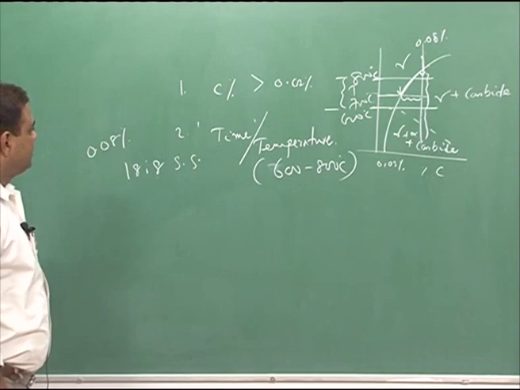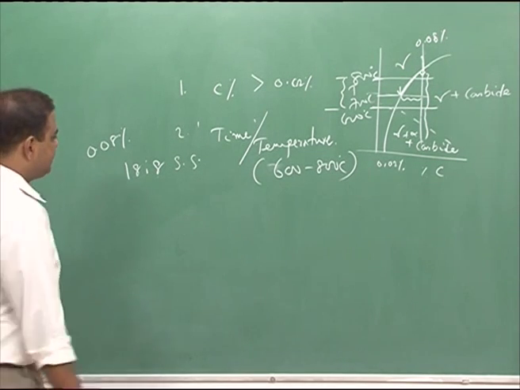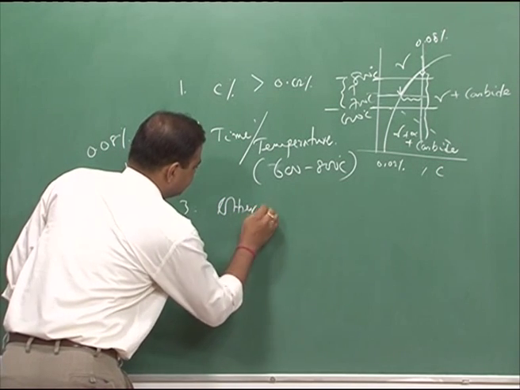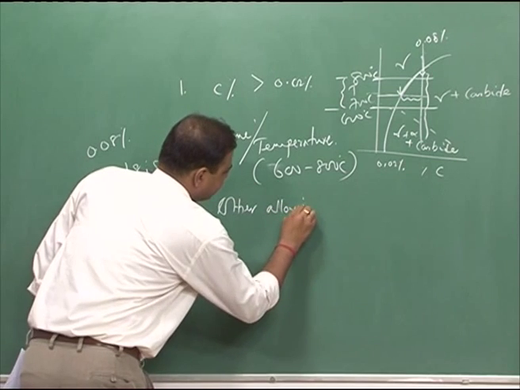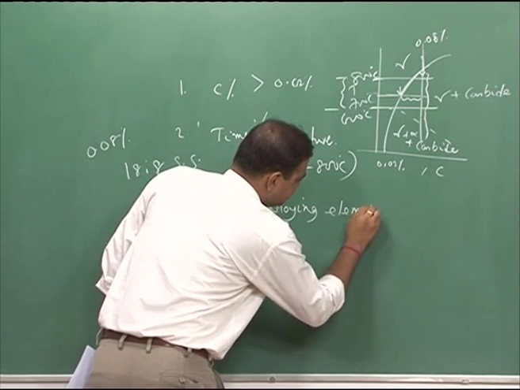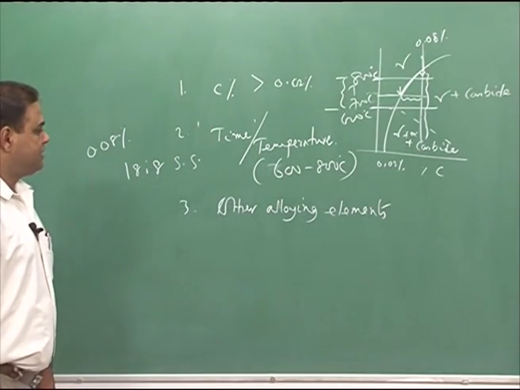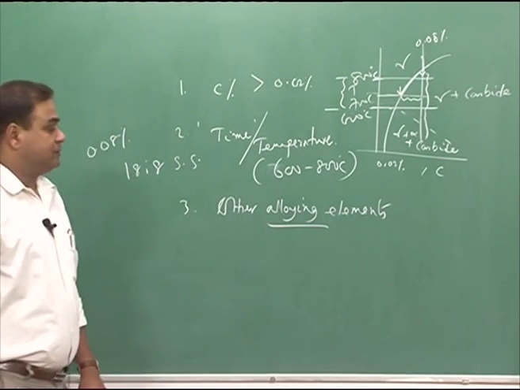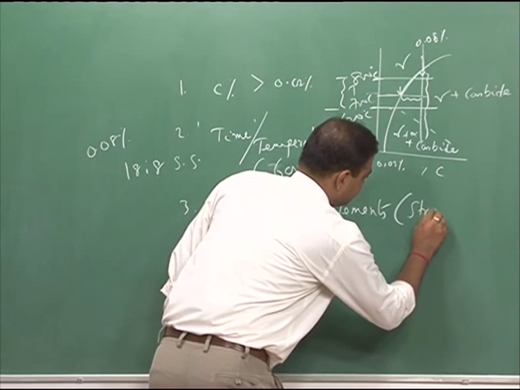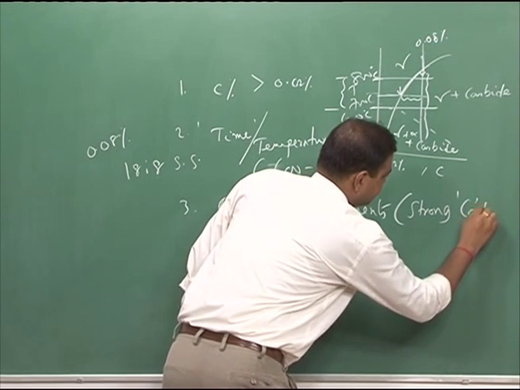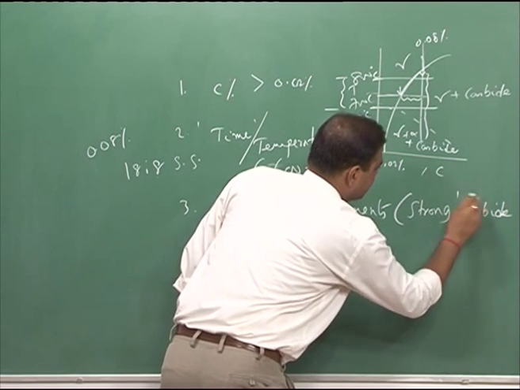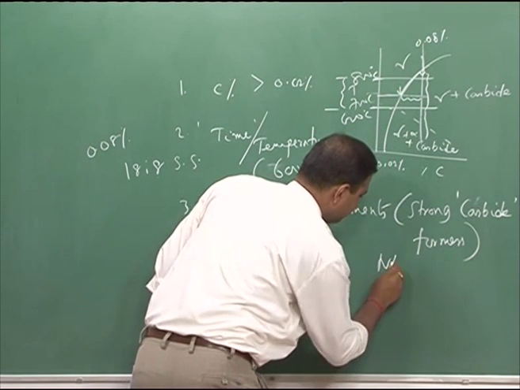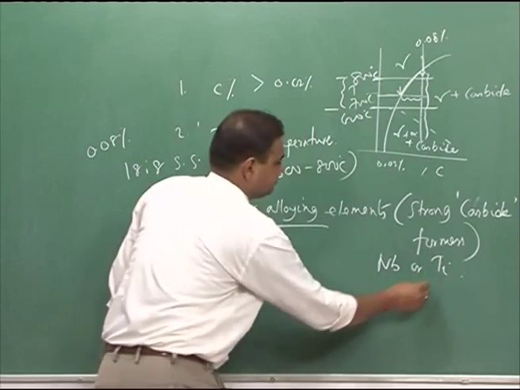Now, another criterion could be the other alloying elements, and not only other alloying elements, but alloying elements which are strong carbide formers, like niobium or titanium.